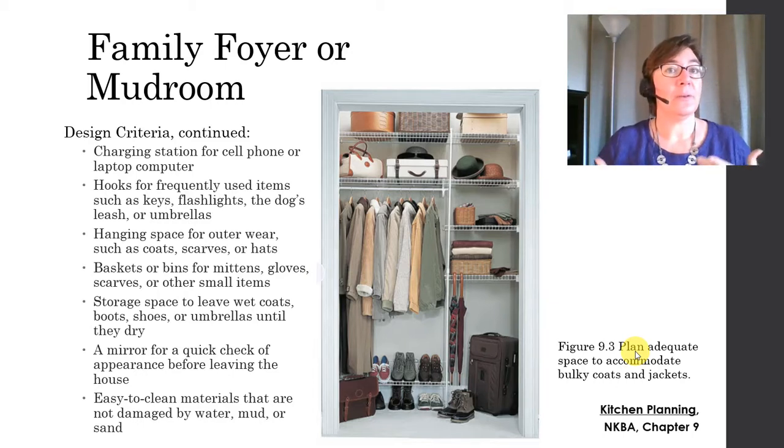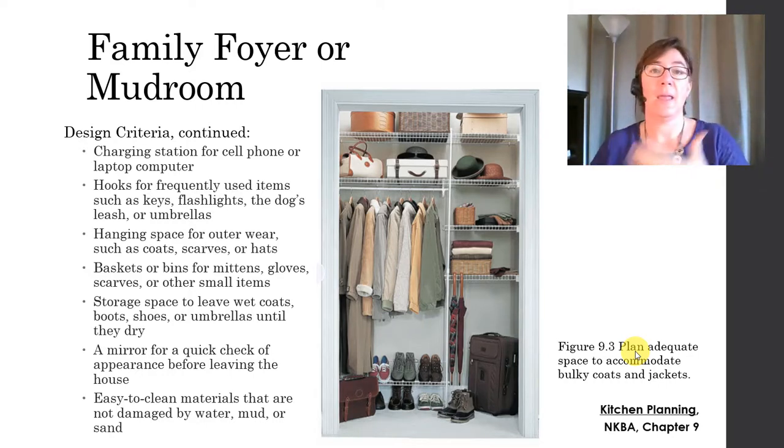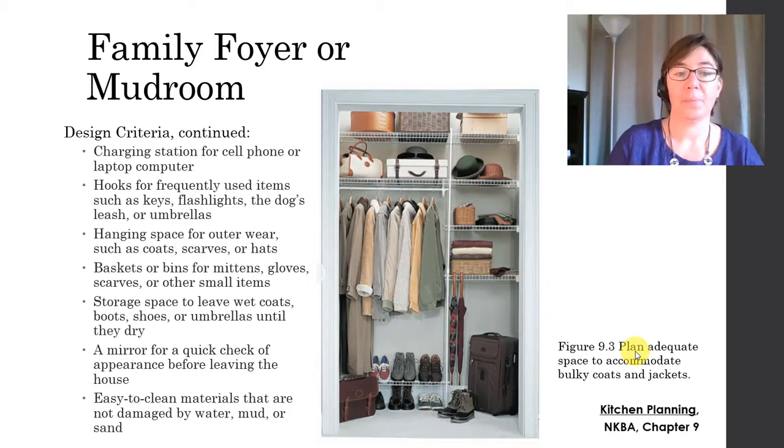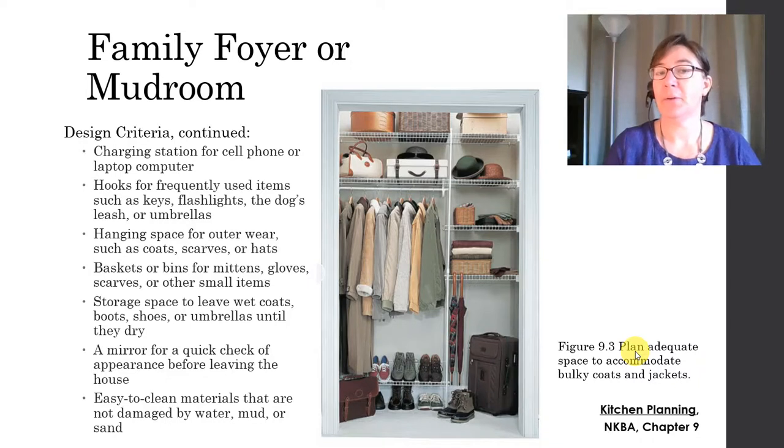You also want to realize that sometimes the things coming in are going to be wet or snowy, so you want a space for them to sit and dry before they get put away. Some people like to put a mirror in their foyer. And our last note here is that this area really needs to be made out of easy to clean materials.